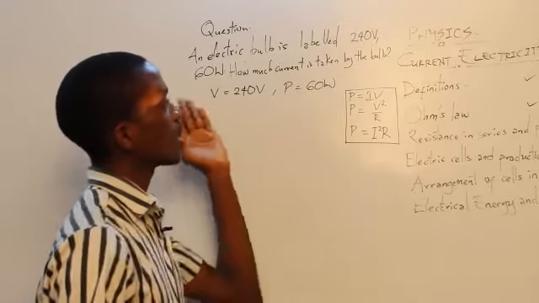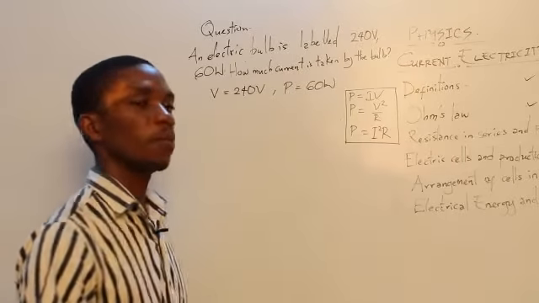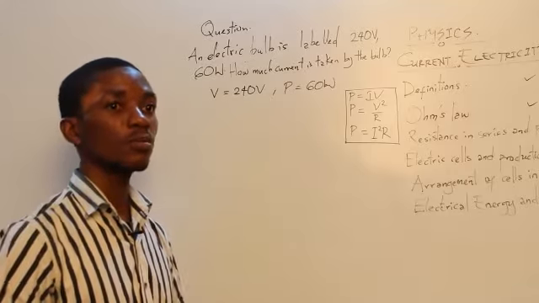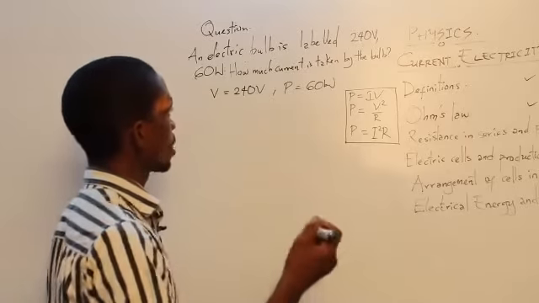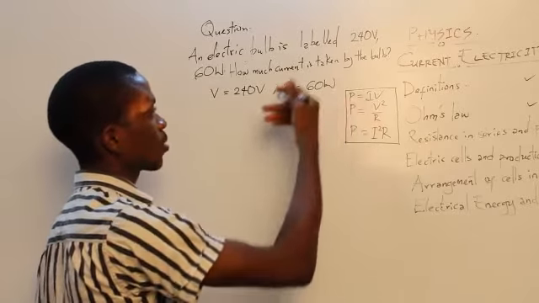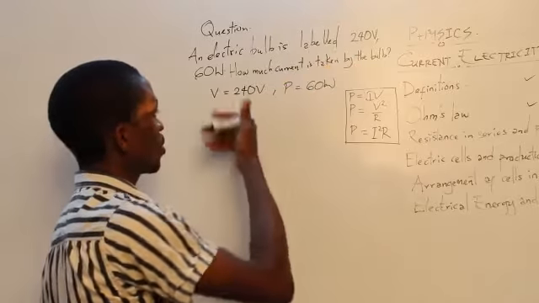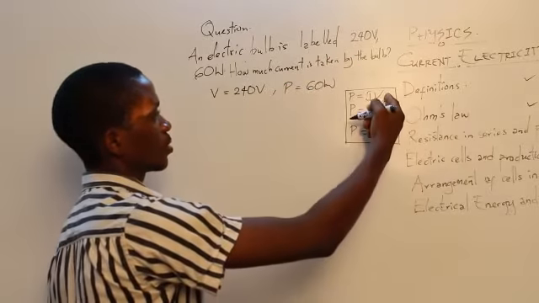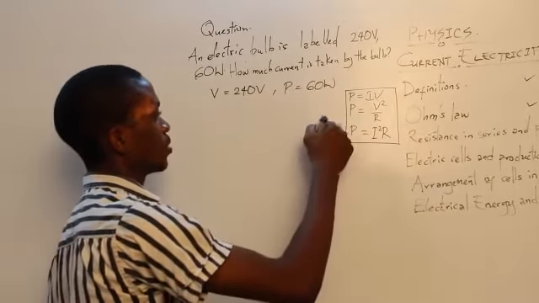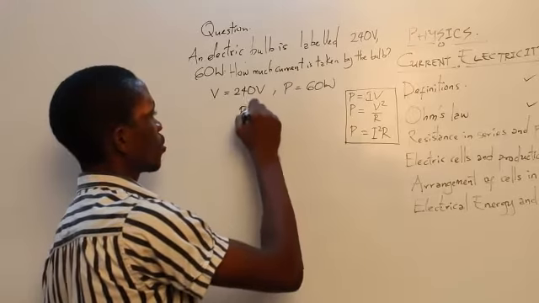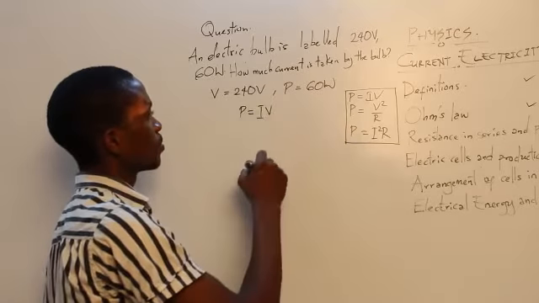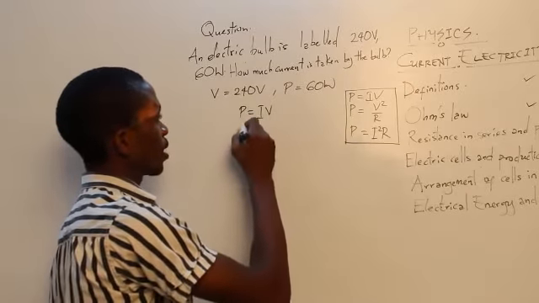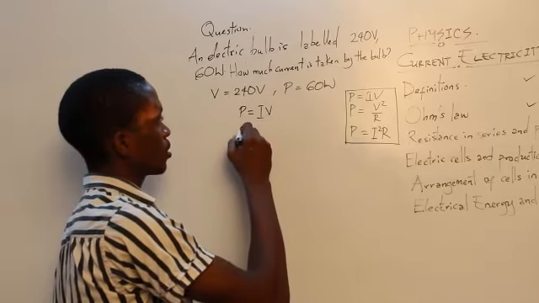So we'll come back to our question on the board. We're asked to calculate how much current is being taken by the bulb. To calculate that, we just use the formula that contains current and what we have, voltage. That's the first formula. So P equals IV, and from that we can substitute our values.